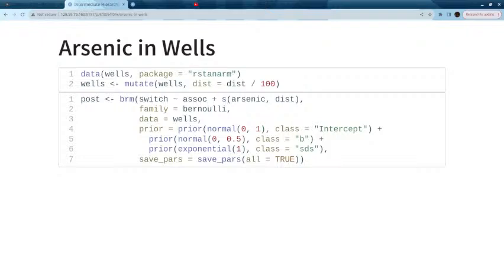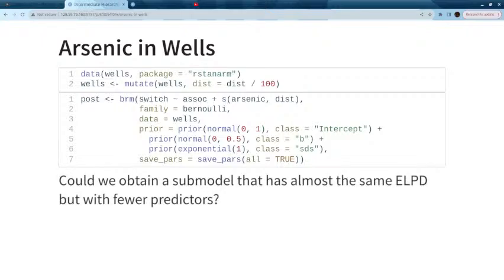The outcome variable is, does the person switch from the poisoned well to the safe well? And we also have another variable, is the person part of a neighborhood association? This is a model that's not so difficult to estimate in BRMS. It would be a disaster in frequentist, but we're not going to do that.